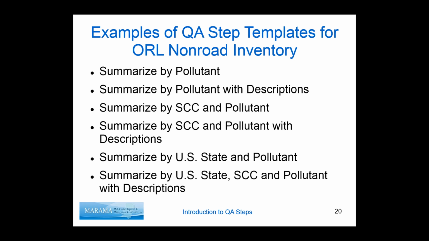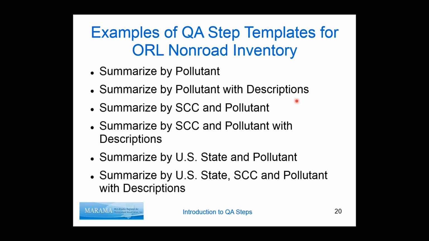So for example, summarize by pollutant is going to give you a really high level summary of your inventory data. Perhaps a useless summary if you have a national inventory and you just get one number for CO across the entire inventory. But if you have a state level inventory, then a pollutant summary could be useful. You can break it down.